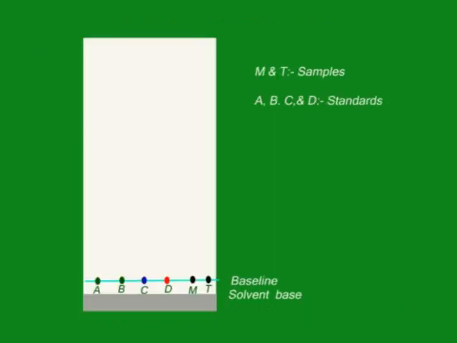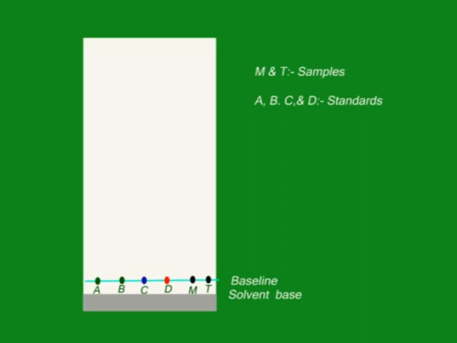For instance, on your screen we have a setup for chromatography. M and T are the mixtures under study, and we suspect that A, B, C, and D could be in M and T. There you have that, and we also have the solvent base.